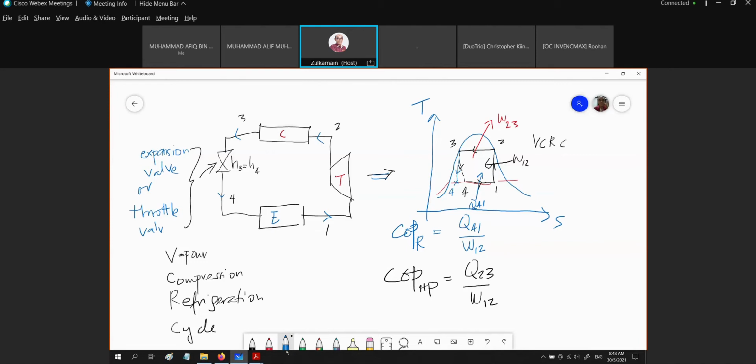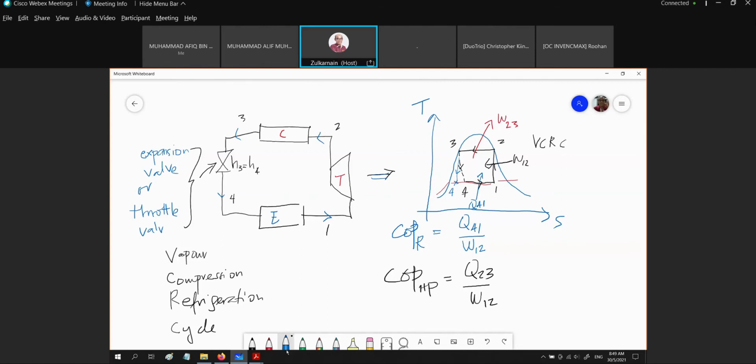So if we look at this change of enthalpy, the H1 minus H4 for the reverse Carnot cycle is greater compared to this VCRC. In the VCRC, we only obtain H1 minus H4, where the H4 is higher than the H4 for a reverse Carnot cycle.